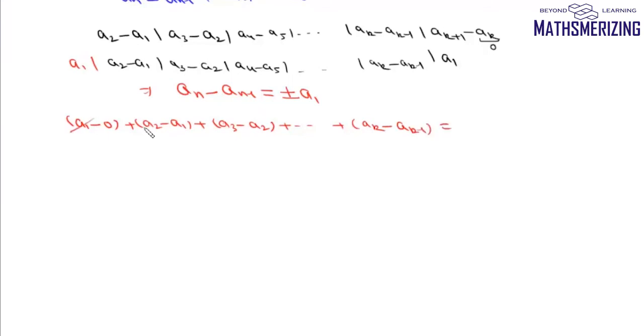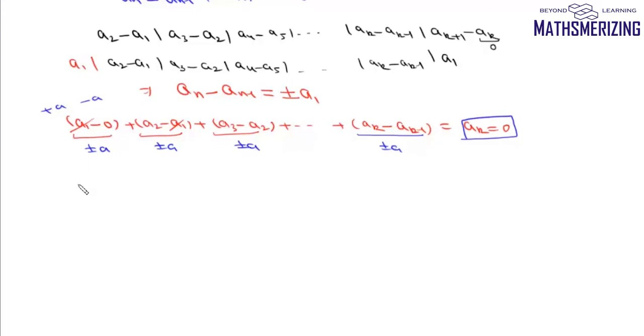In this sum, a1 will cancel, a2 will cancel, a(k-1) will cancel, so we get ak, and we know that ak is 0. Each of these factors is equal to either plus a1 or minus a1, so some of the factors must be plus a1 and some must be minus a1, so that eventually they cancel out to give 0.